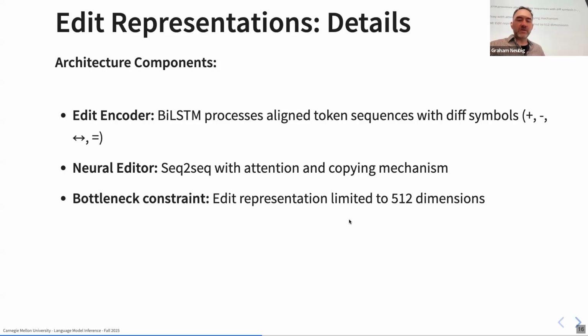But the important thing is the edit representation is limited to 512 dimensions. And the reason why is we actually want to learn a good representation of what type of edit this is, as opposed to memorizing everything that was done. So we limited the size of the dimensions here so that we would actually be able to learn a representation of the edit as opposed to just memorizing everything.